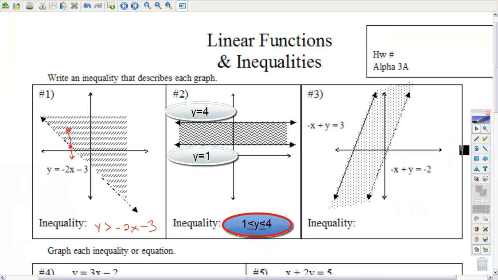Number 3, you can write this answer in a couple different ways. Looking at these boundaries, this one looks like it's solid, this one looks like it's dashed. Going from here down to here, we're between these two once again. What I would probably do is get y by itself. This is one way to do it.